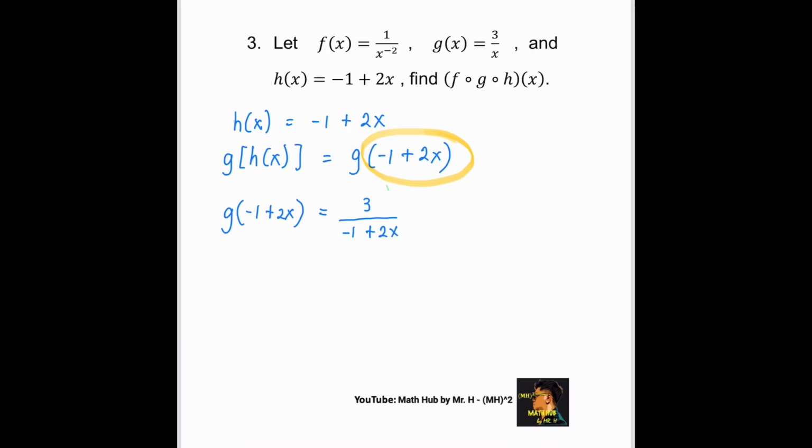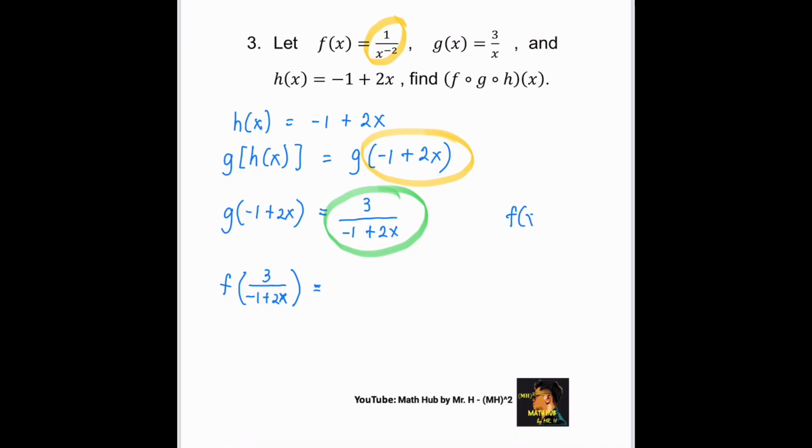And then this one will go inside function f. So we'll have f of 3 over negative 1 plus 2x. Function f is 1 over x to the power of negative 2.